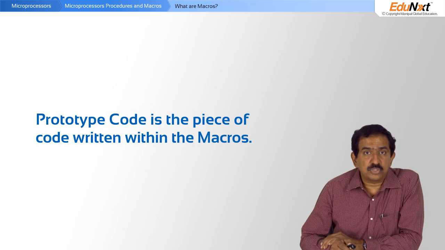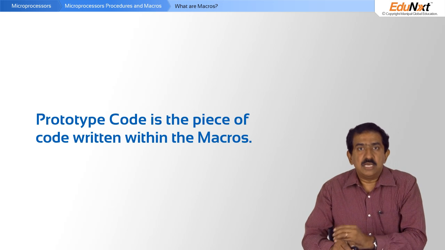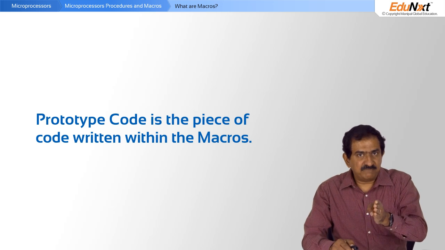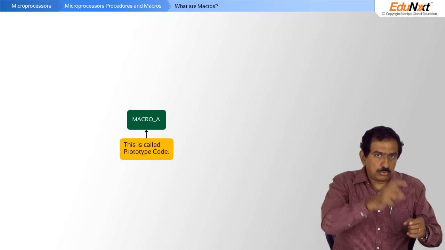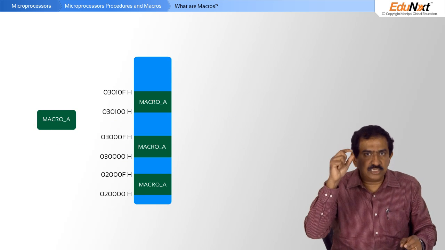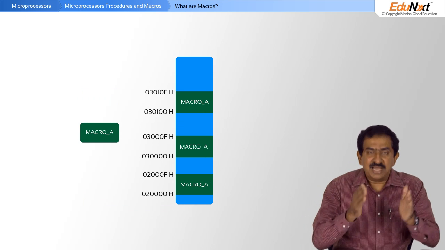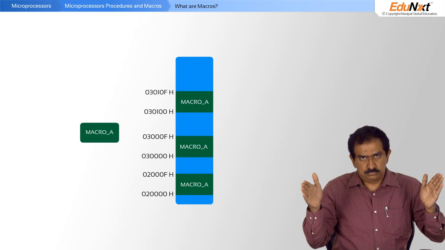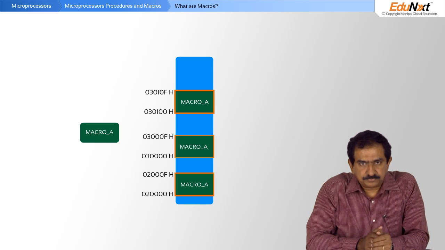So let's assume that there is a prototype code. Once when you write the macro, that's called the prototype code. At the time of assembly, whenever you call the macro, the prototype code is inserted in your main program by the assembler. Let's assume that the macro is 7 bytes long. And in this example, we have called the macro 3 times.